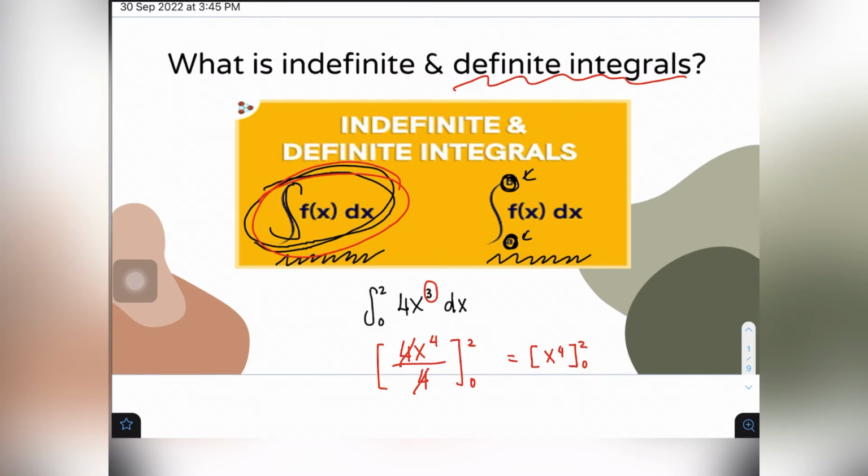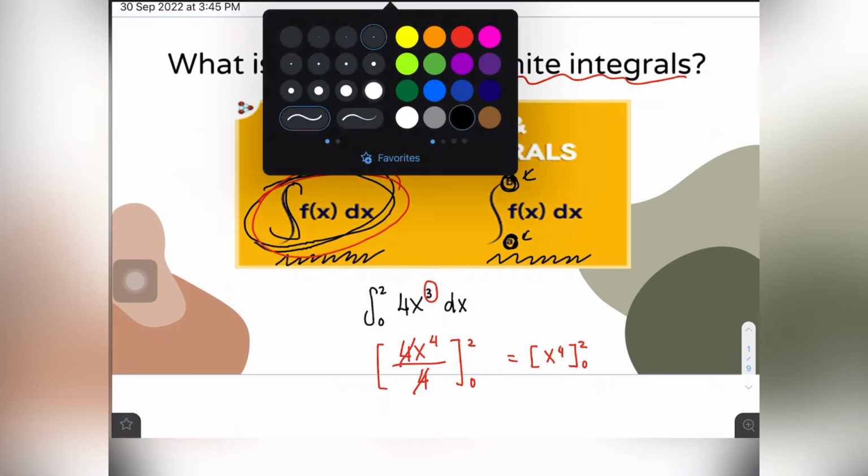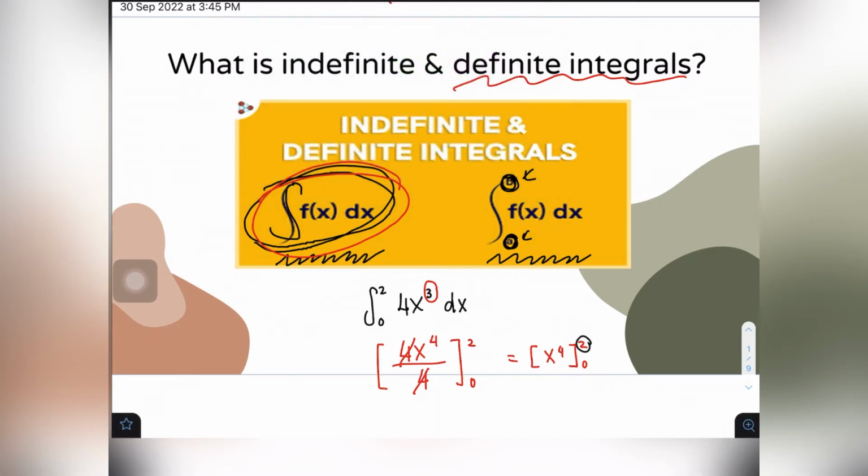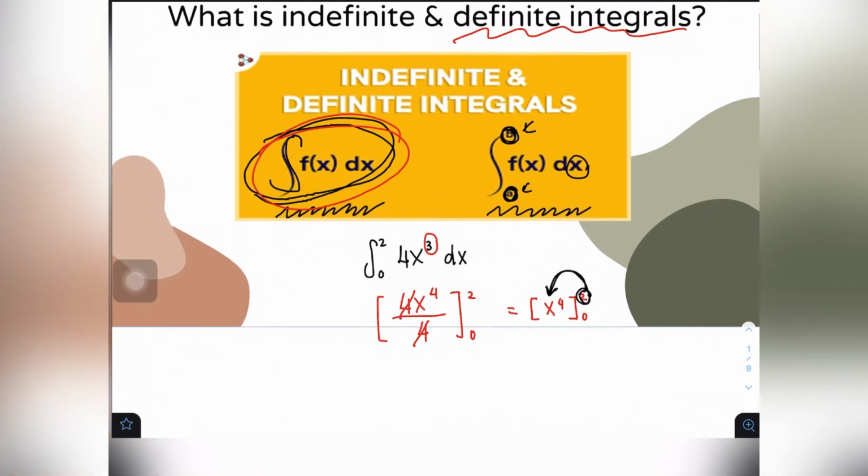The first thing you need to do is take the upper limit 2 and substitute it inside your x. Okay, if you integrate with respect to x, then you need to substitute your limit into x. If you have many x, substitute in each x. So the first one is 2 to the power of 4.